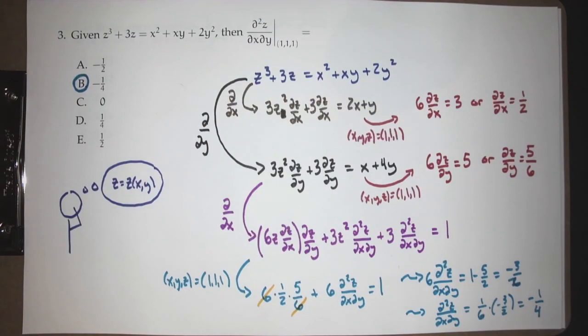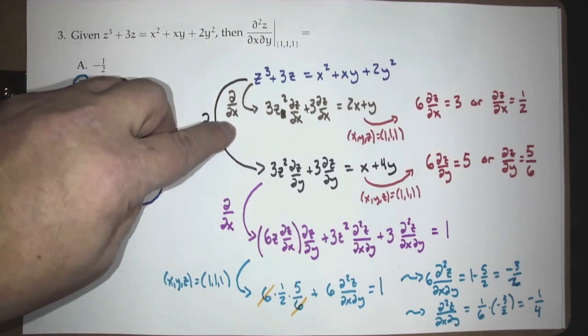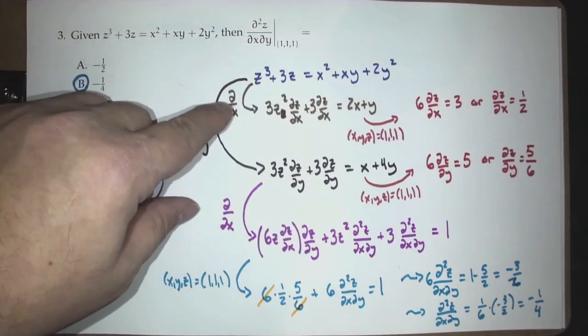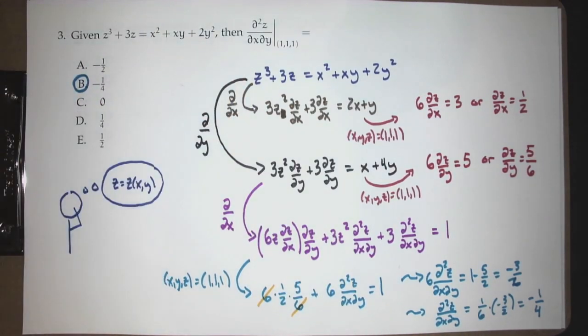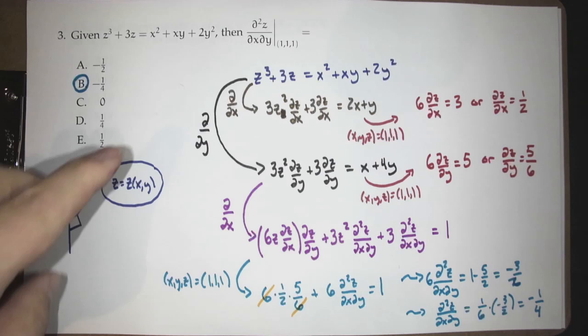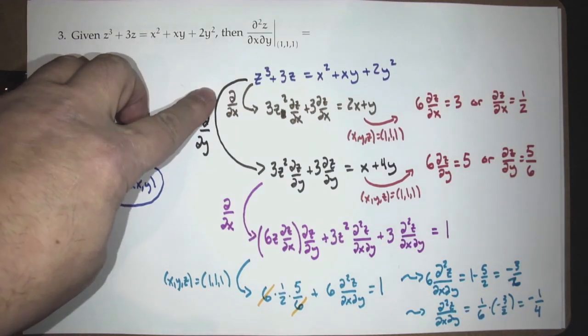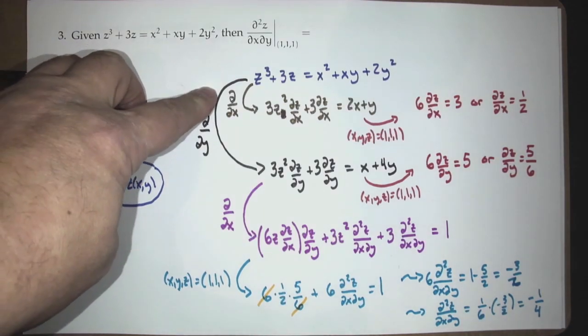So, take the derivative with respect to x. When you see the derivative with respect to x, you have to know what your mindset is. So it's like, okay, what are my variables? We're thinking of z as a function of x and y. So you have three options, x, y, and z. When we're taking the derivative with respect to x, is x a variable or not a variable?